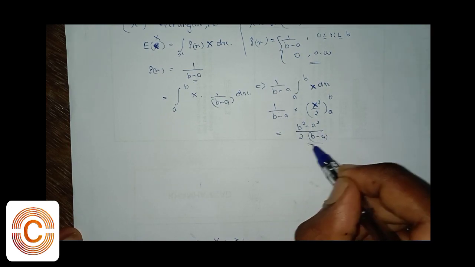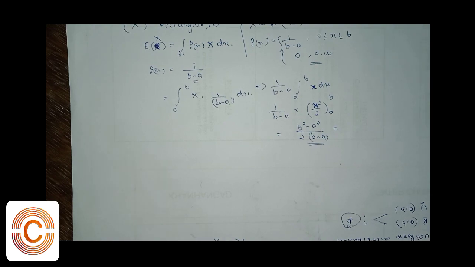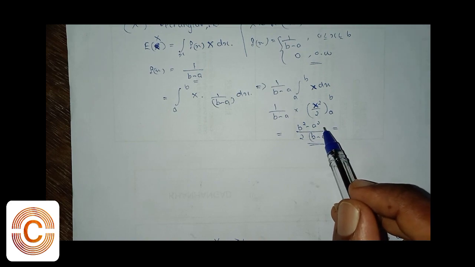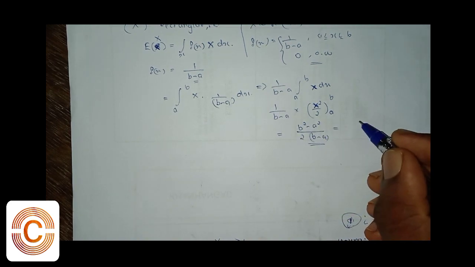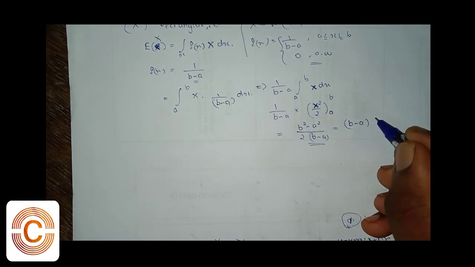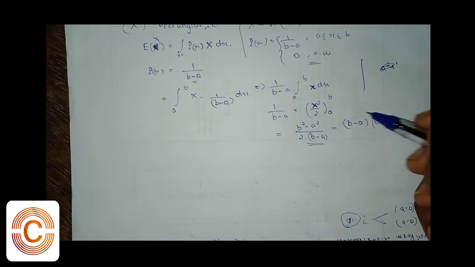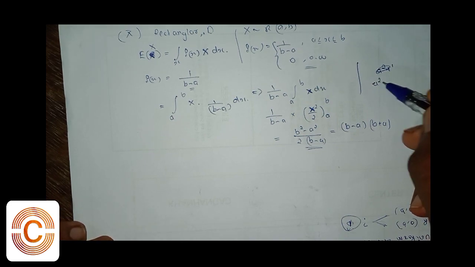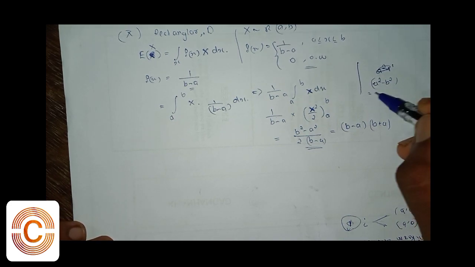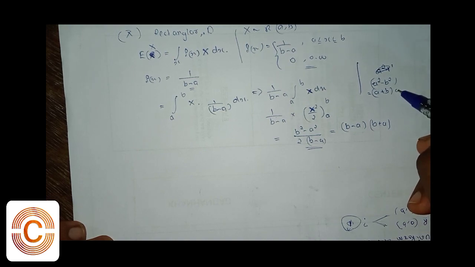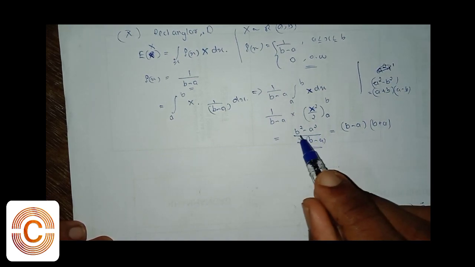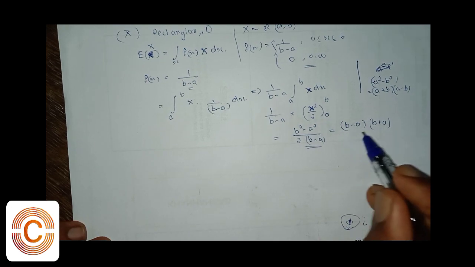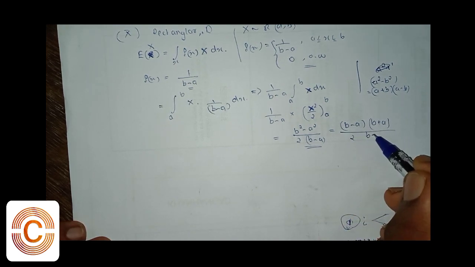Writing the expansion of the numerator term, b square minus a square becomes b minus a into b plus a. We know that the expansion for a square minus b square is a plus b into a minus b. Likewise, b square minus a square becomes b minus a into b plus a, divided by 2 into b minus a.